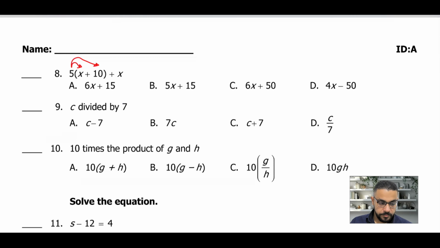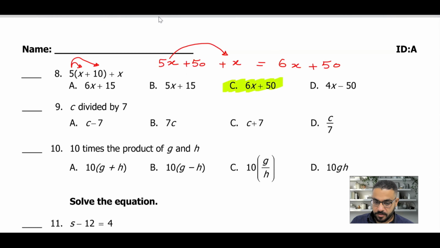Multiplying the 5 by x gives you 5x, plus 5 multiplied by 10 is 50, plus x. Let's add the 5x and the x. So I have 6x plus the constant 50. So the result is 6x plus 50.